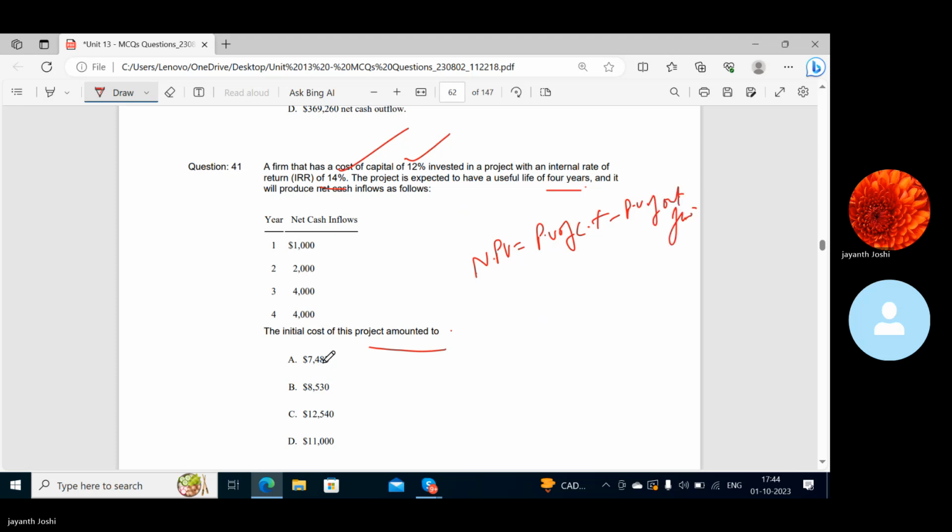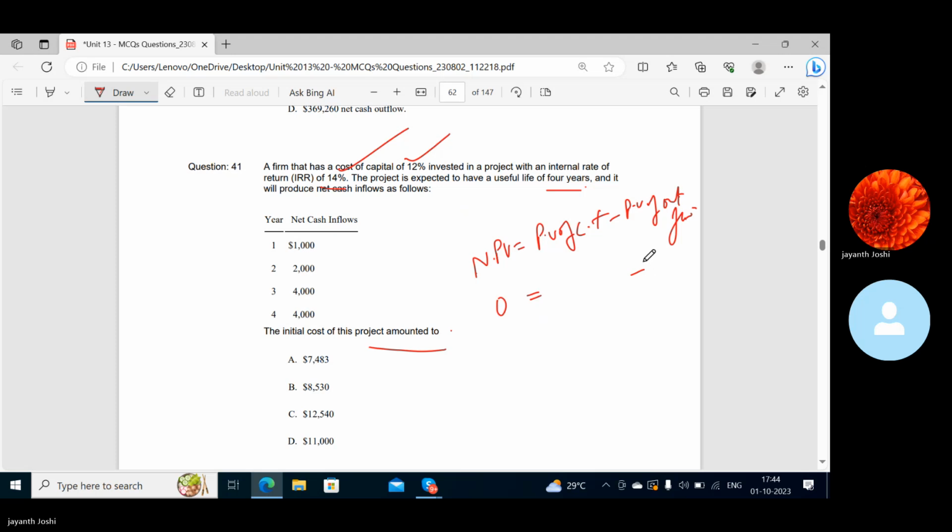Right? Yes. So what would we have? NPV. Then do they give the NPV here? NPV we don't have, like 0. And outflow also we have got nothing, right?